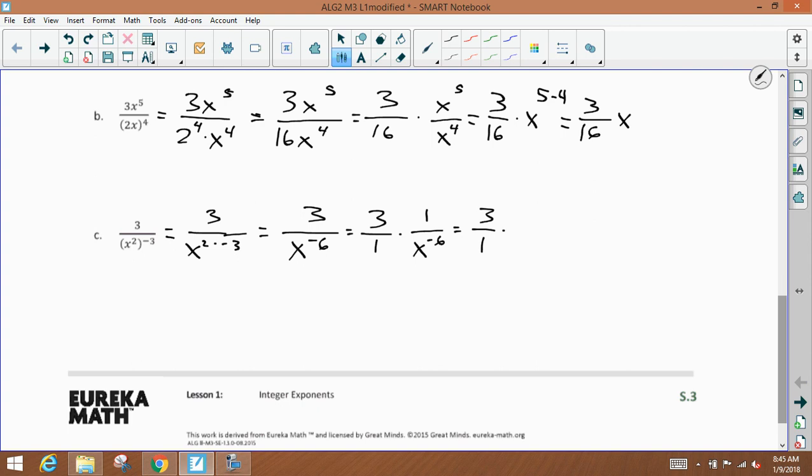So this is what's happening: this is 1 over x, so the x to the -6 became 1 over x to the 6, right?